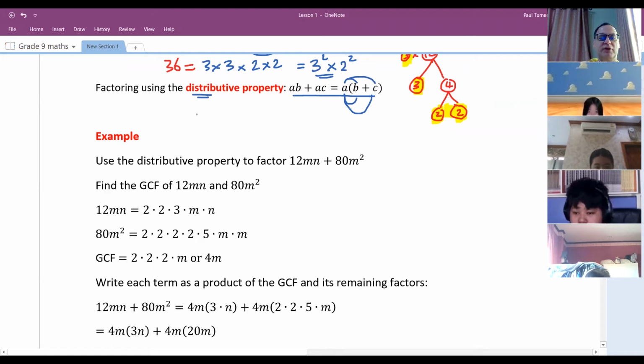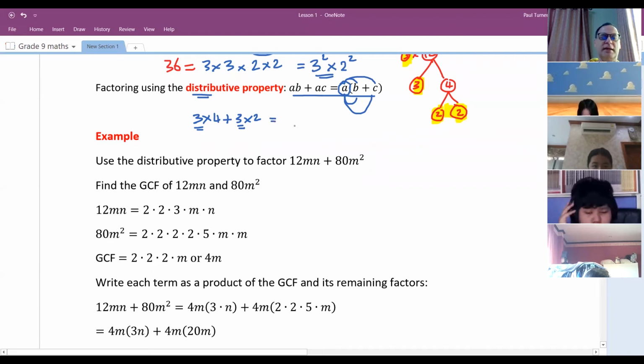So for example, if you had 3 times 4 plus 3 times 2, you see here, you have a common number. That's your common factor, okay, 3. So that is the number like A here that we take out.